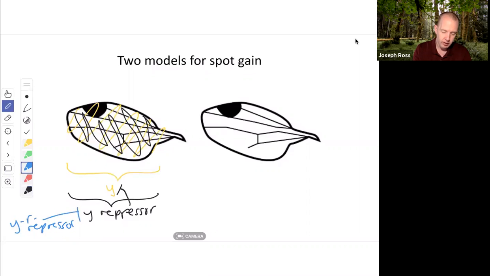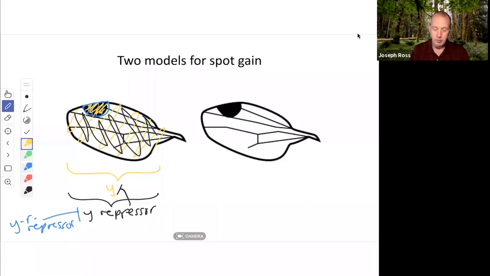So what if there's this protein that's a repressor of the yellow repressor, and it is only expressed in that spot. So that's the only place in the wing where yellow isn't being repressed. And so that's the only place where we see yellow protein activity and a pigment being produced. So that's one complicated but possible reason for the production of a small region of pigment in the wing.